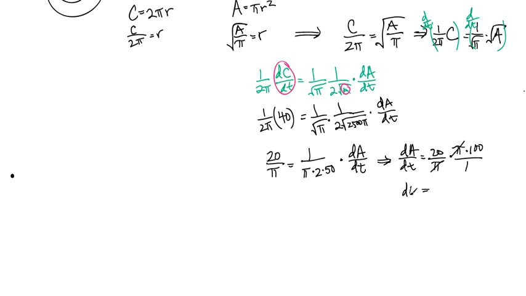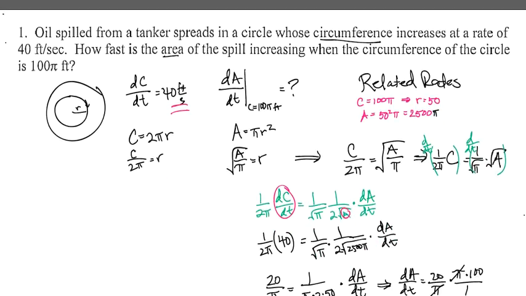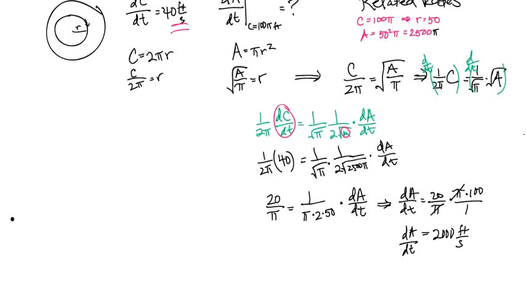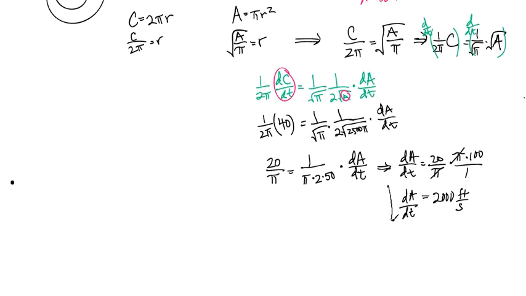That means that dA/dt is equal to 2,000 feet per second. Okay, so the question was, how fast is the area of the spill increasing when the circumference of the circle is 100 pi feet? And now we have figured out that the area of the circle is increasing at 2,000 feet per second.